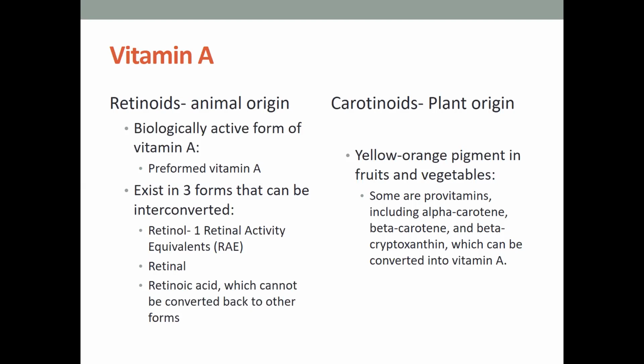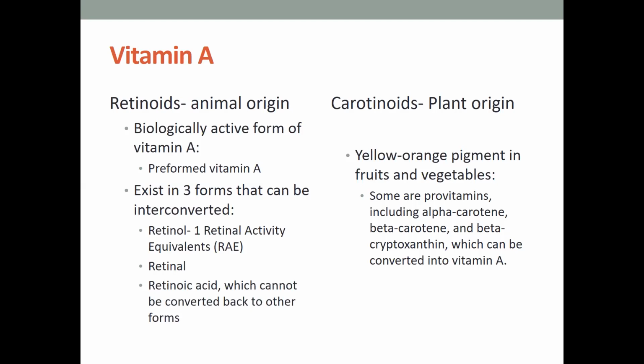That means within the body, biologically, retinol and retinal and retinoic acid, the body can make into the different forms depending on what it needs. Retinoic acid is a little bit different. It actually can't be converted back to the other forms.